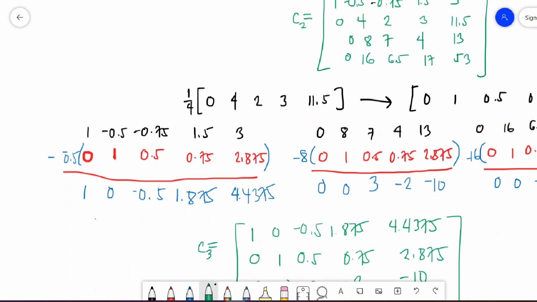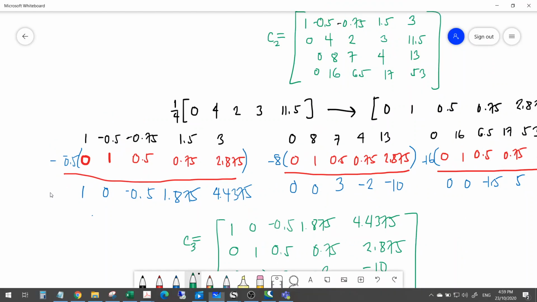Since we wanted this one to be 0, our multiplying factor is negative 0.5. We wanted this to be 0, our multiplying factor is 8 here. We wanted this to be 0, our multiplying factor is 16. We're just copying.